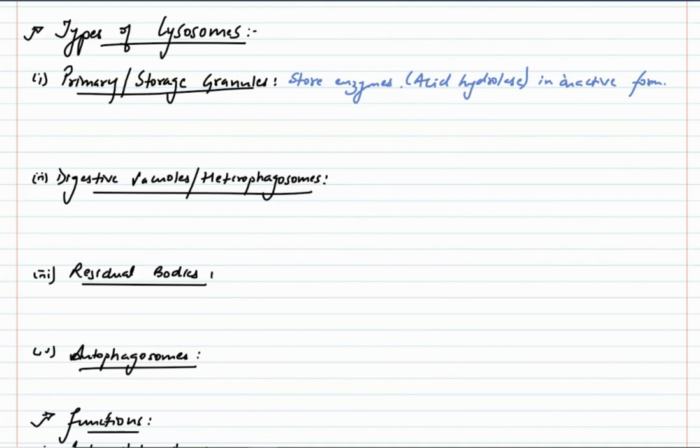The next are known as digestive vacuoles or heterophagosomes. They are formed by fusion of primary lysosomes and phagosomes.